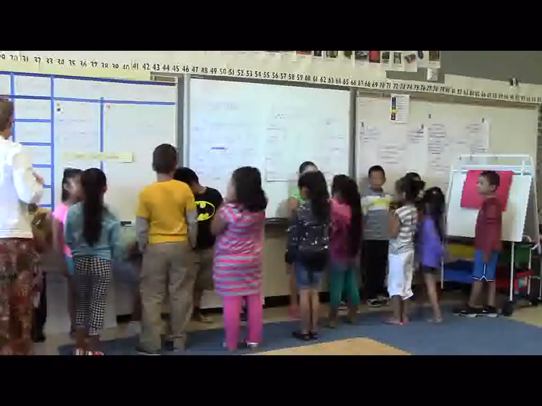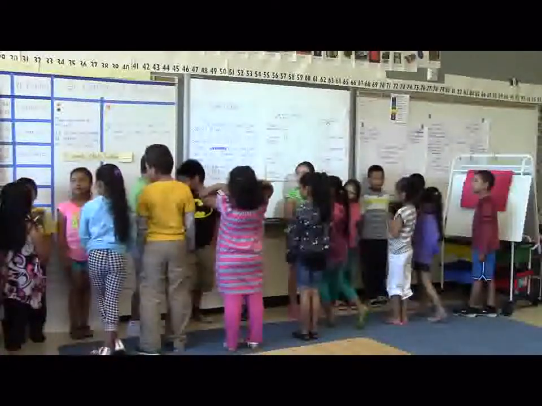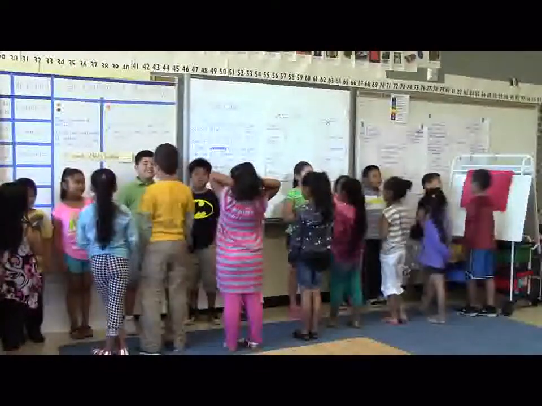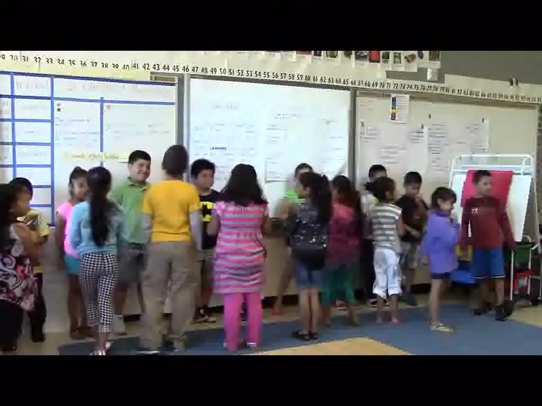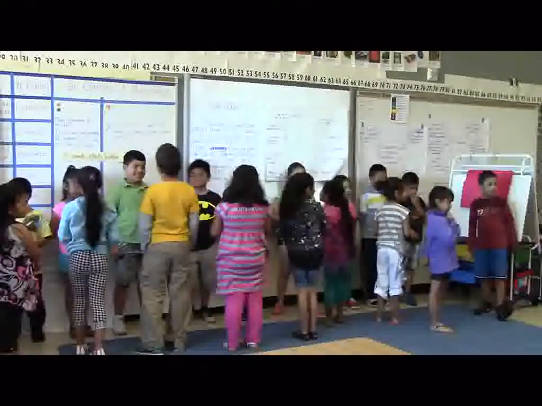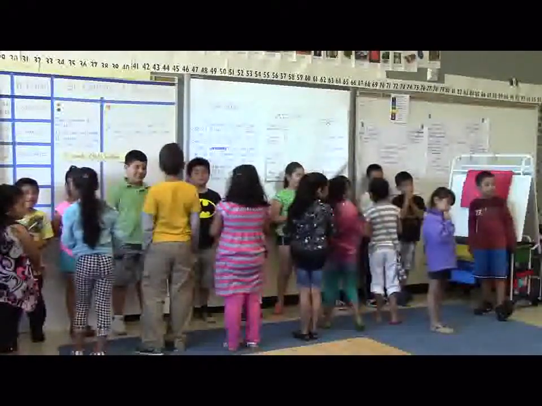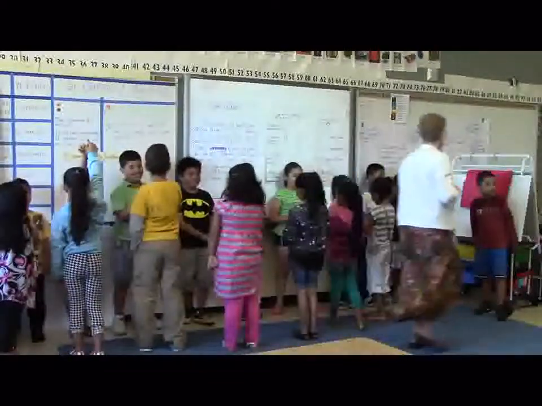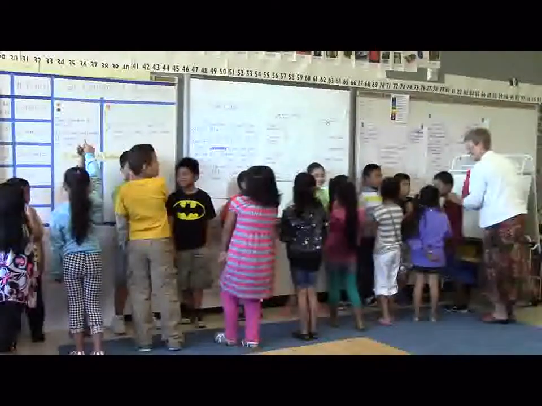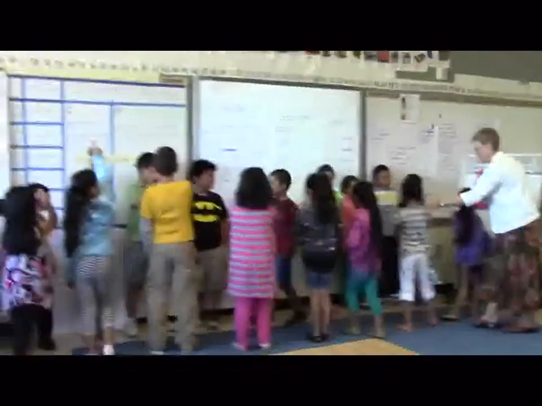All right, ready? This line's going to give the question. Ready, go. What does the little red hen look like? The little red hen is red and little. Touch fingers. Go down. Scoot down. Find a new partner.